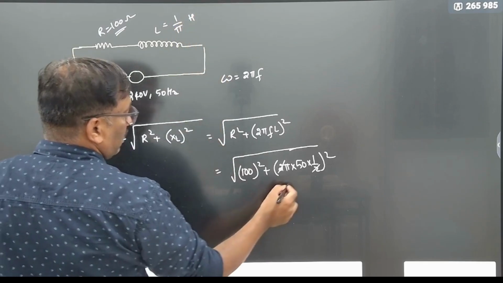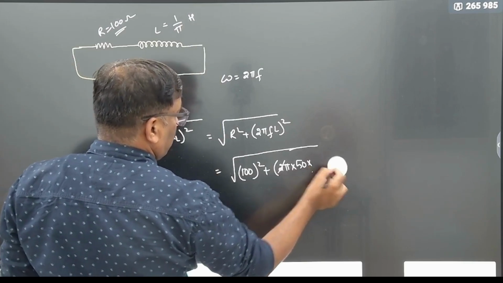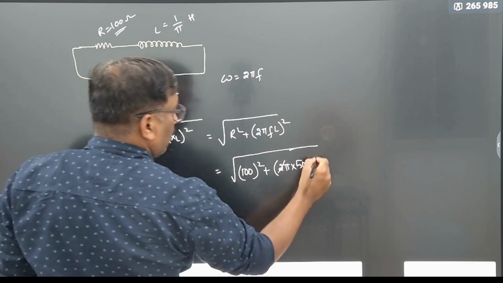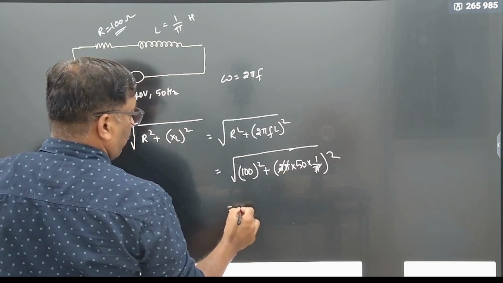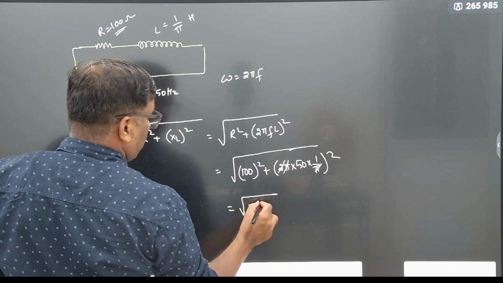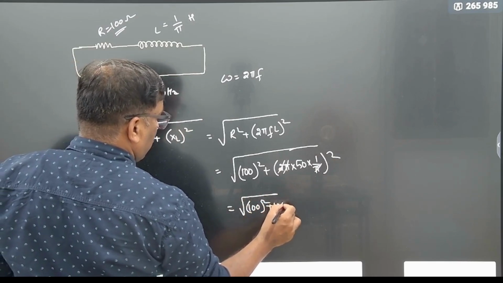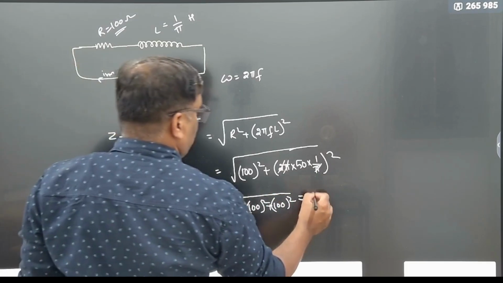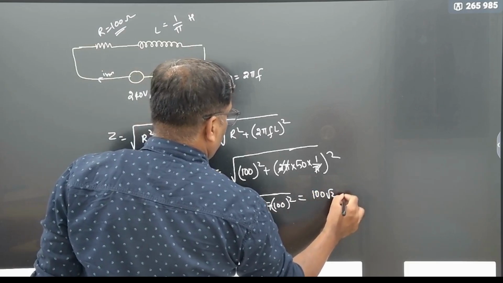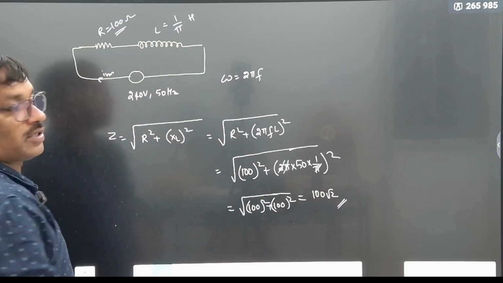Easy calculation, no? So you can rewrite it as 1 by pi whole square. Pi gets cancelled out, no? Therefore root of 100 square plus 100 square. How much will it be now? 100 root 2 will be your impedance.